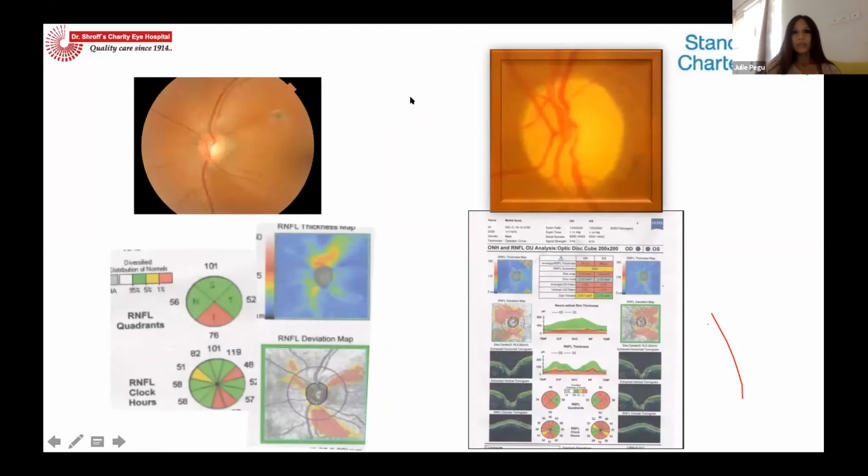And if you look at the OCT images, a glaucomatous optic nerve will give you a definite biarcuate pattern of loss. This is typical of glaucoma until there's very advanced damage. Whereas in a non-glaucomatous optic atrophy, you'll get a diffuse loss of the RNFL. It will not follow any pattern.